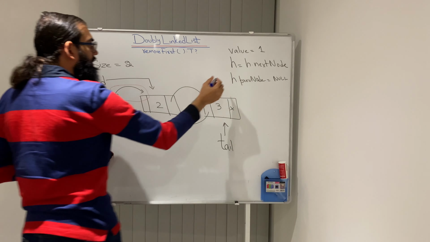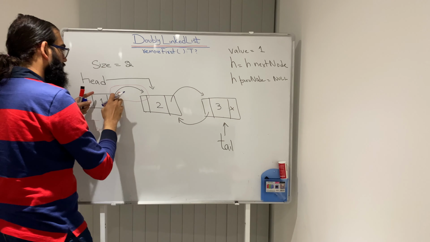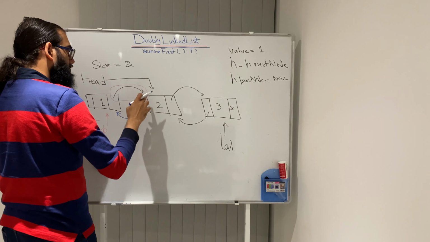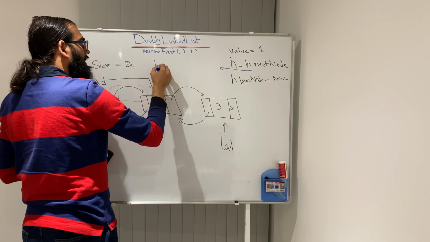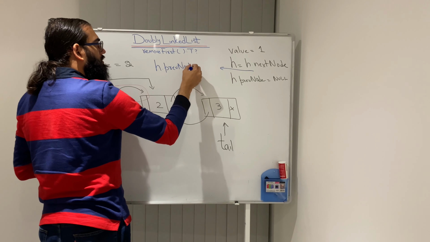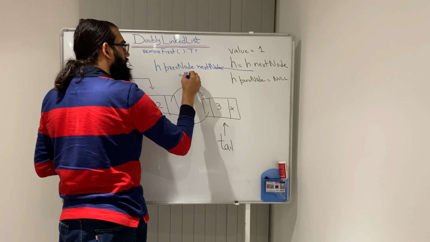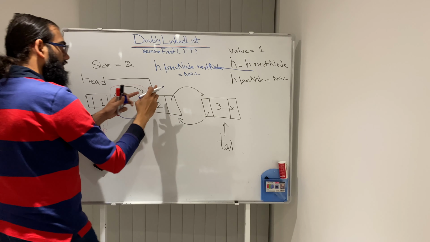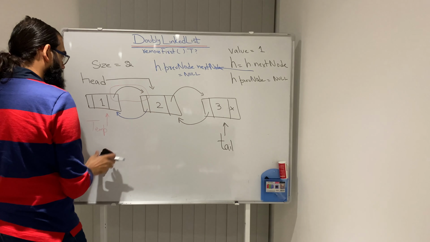To fix this, you can see head moves to the next node. Before that, I say head dot previous node dot next node. So at this point we added a new line which says head dot previous node dot next node is equal to null. We run this first, head moves to here, then I'm saying okay head, go towards your previous node, from there you have a next node, please make this null.